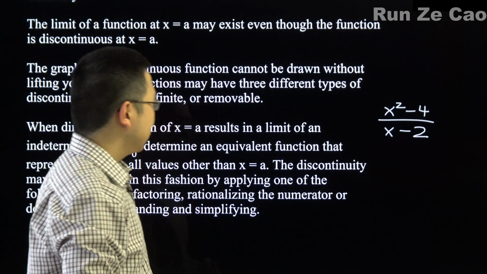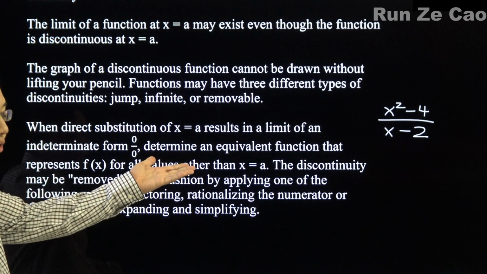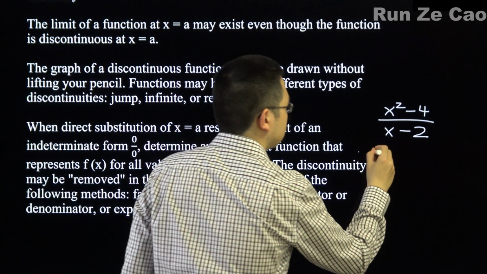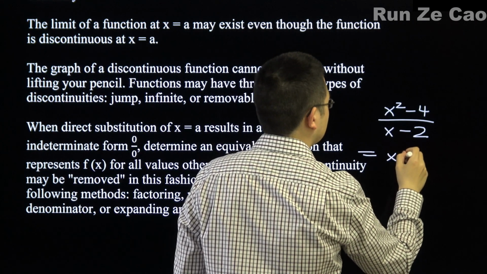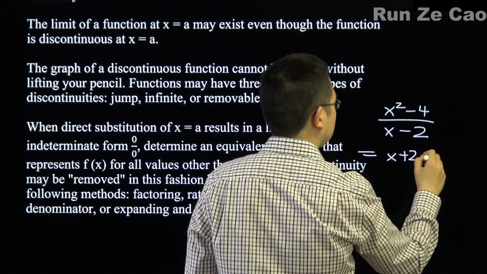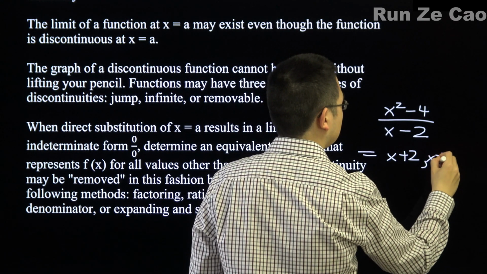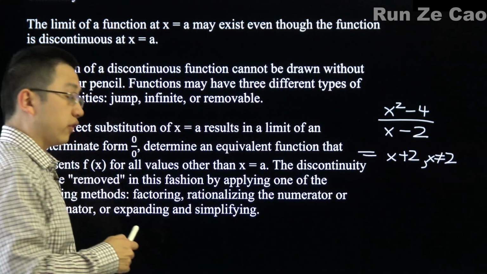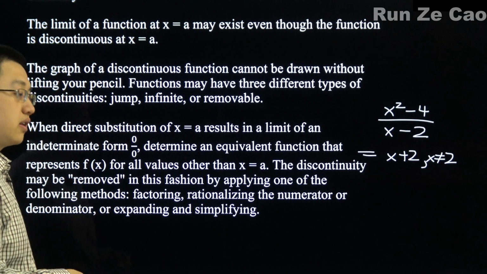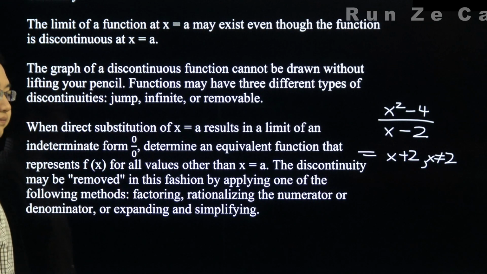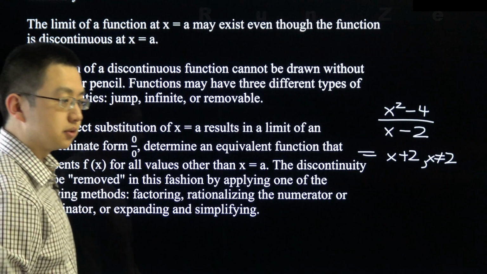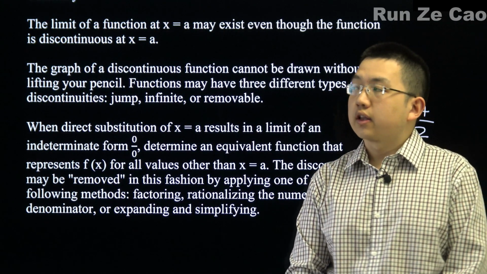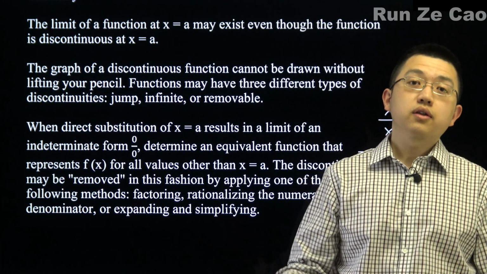When we substitute x equals 2, what do we get? We get 0 over 0, which is indeterminate. Now if we got undefined instead, as in something over 0, that tends to asymptote.